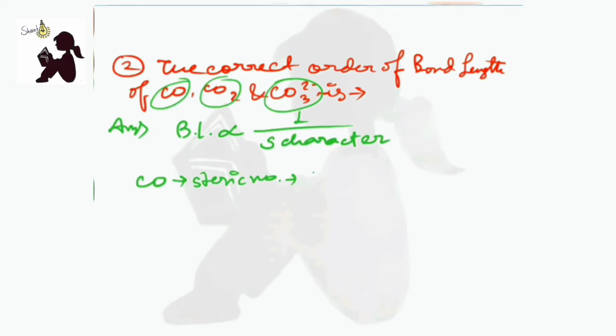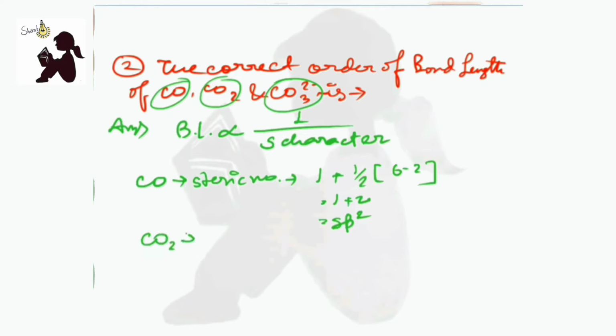So for steric number, let's see for CO, that is 1 plus half into 6 minus 2. That is what? 1 plus 2, that means it has 2 lone pairs. But its total number is 3, so it will be sp2, right?